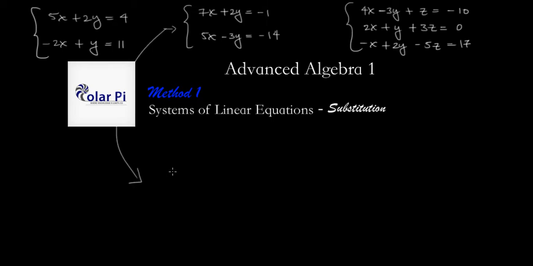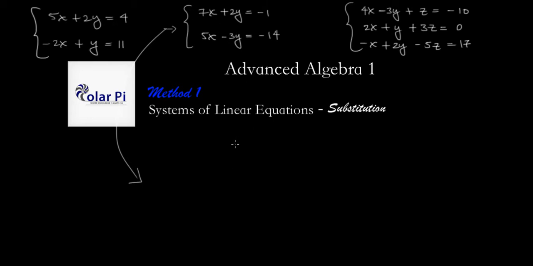Anyway, if you wanted to do substitution here, what you would do is pick either of the two equations, which are equally convenient or inconvenient, and then solve for one of the variables, and then proceed as we did when we solved the first system, which is substitute, once you've isolated one of the variables in one of the two equations.